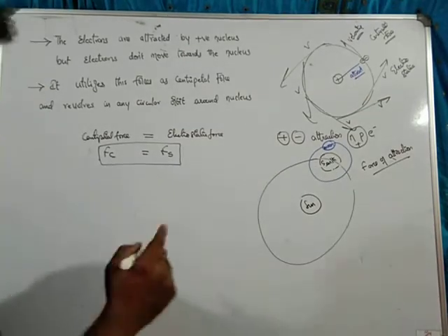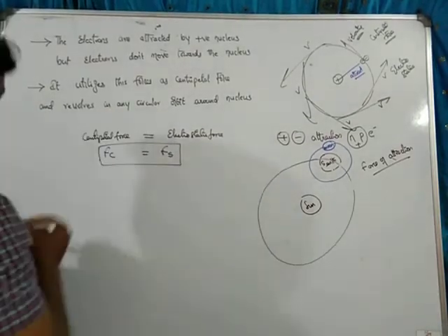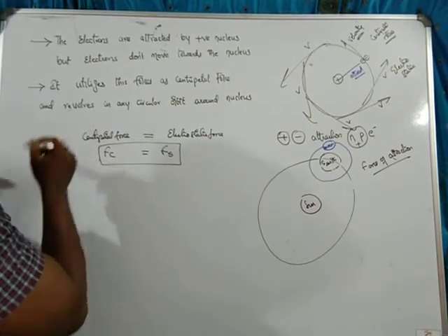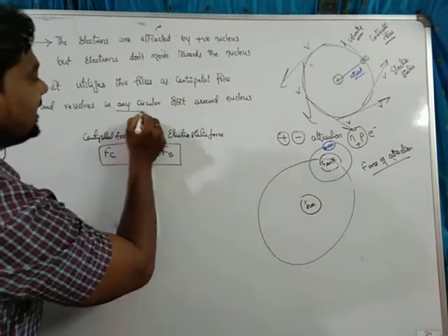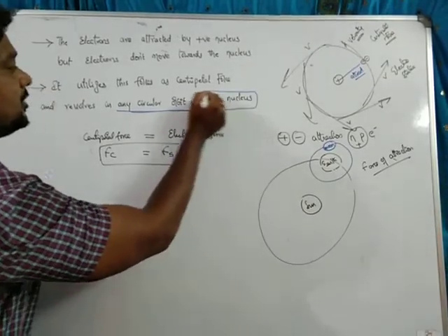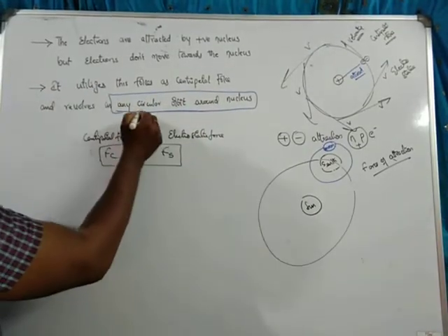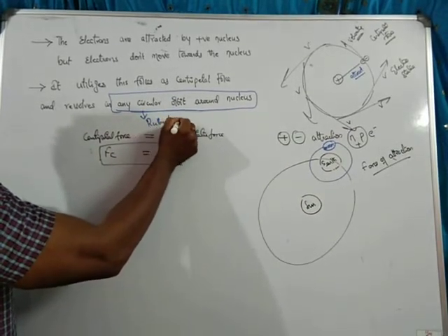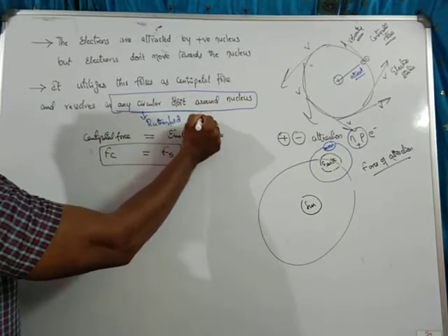Note down this point. Rutherford made a mistake here itself. He said it utilizes these forces and revolves in any circular orbit around the nucleus. This is Rutherford's drawback.